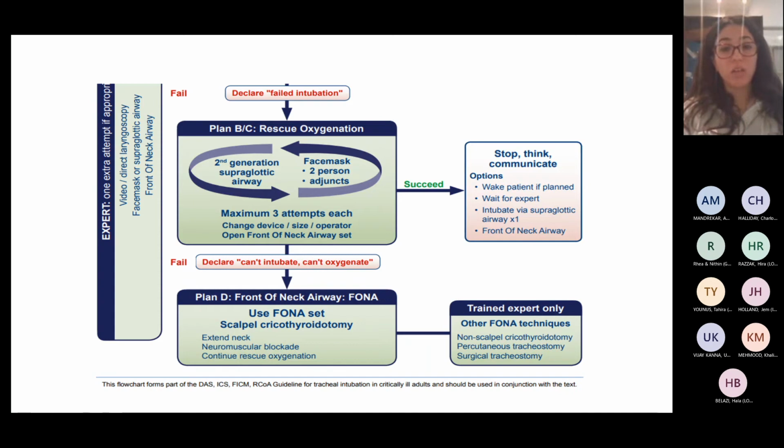You can try supraglottic airways. Once you fail here, you just have to declare a can't intubate, can't oxygenate situation, and at this point you should have already called someone who is expert or trained in front of neck airway, which is the cricothyroidotomy.